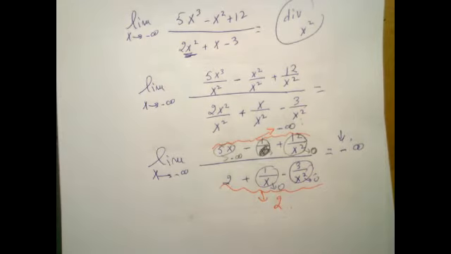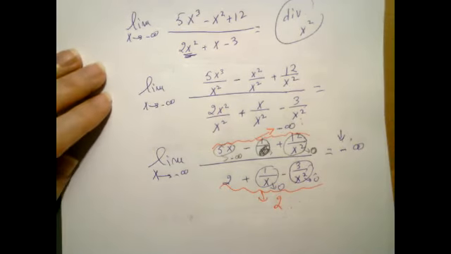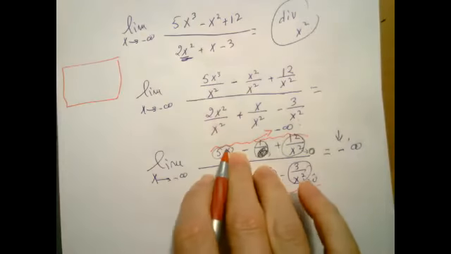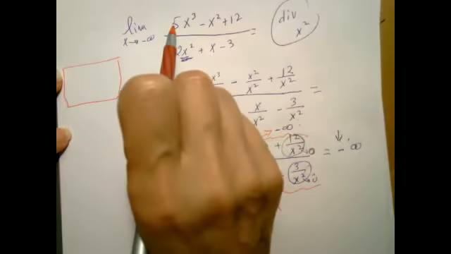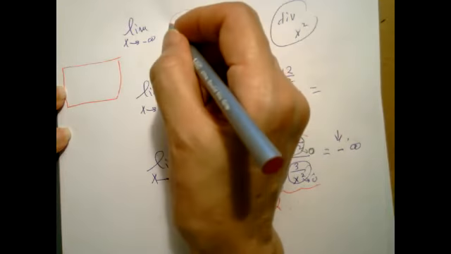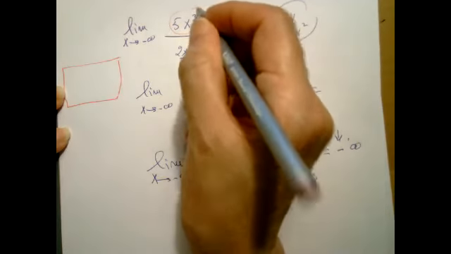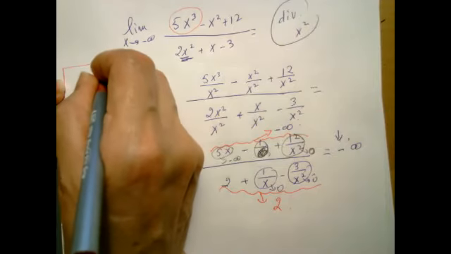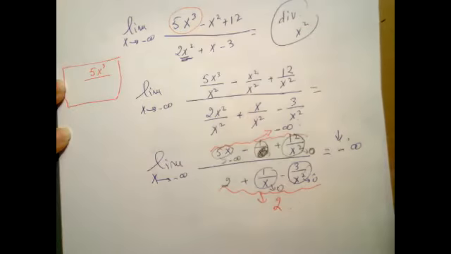Now, intuitively, do we expect minus infinity? That's really where your intuition should help us. Intuitively, when x is very, very large, in the numerator this term is going to dominate. It means that when x is very large, the numerator will take values very close to the values obtained by 5x cubed.